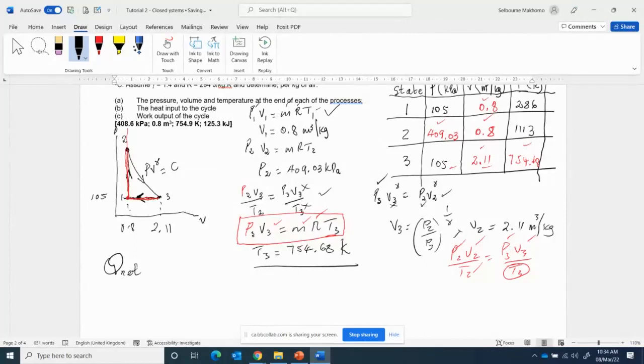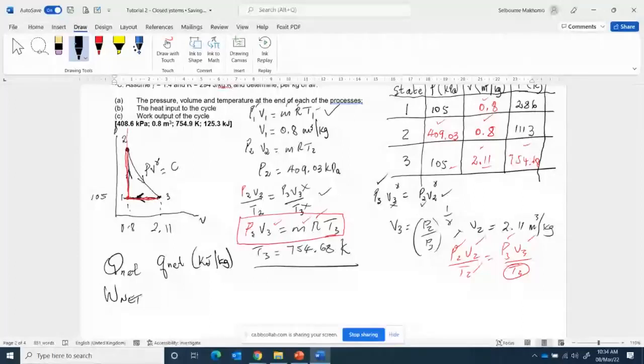The work output for the cycle, you don't call it total work output, you say work net. But in our case, we have a small q because our units are in kilojoules per kilogram, because mass is 1.